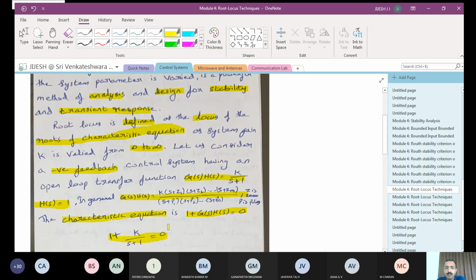All of you complete till here. Afterwards we will discuss the simplification of this, and we will see some of the steps involved in the root locus techniques.